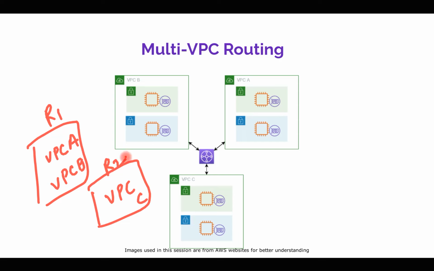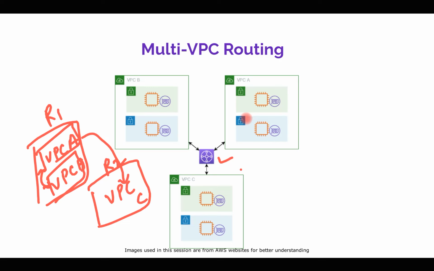Whenever we are connecting any VPC, from A to B, we require a gateway, or from this VPC to this VPC, we require a gateway. Whenever we need to connect from a VPC to the internet, we also require a gateway. The only exception is a connection within a VPC, where we don't require a gateway. So whenever two VPCs, or a VPC and the internet, come into the picture, a gateway is required.